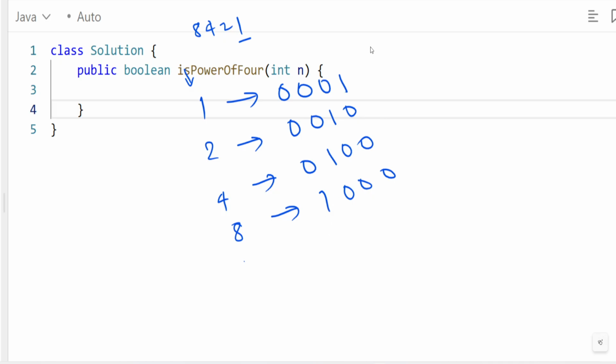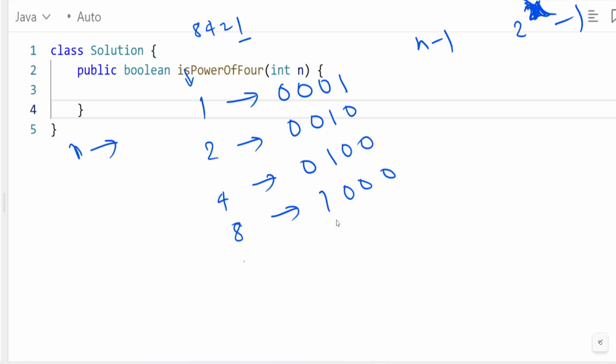So what happens if we say this is your n, and you take n minus 1? If you take a power of 2, 2 to the power x, or you can say n, for example, and subtract 1, that single bit becomes 0, and all the bits to the right of it become 1.